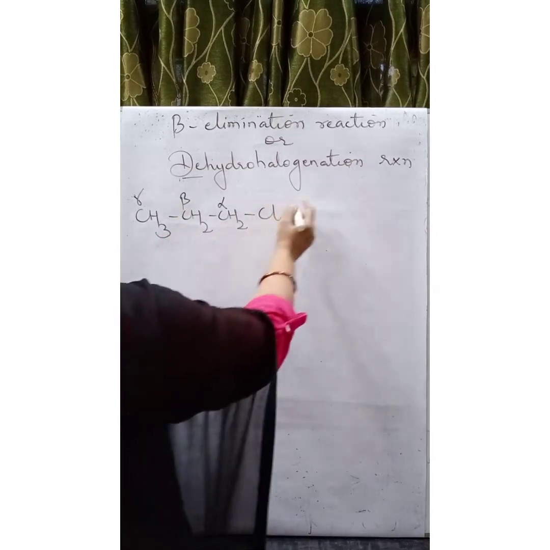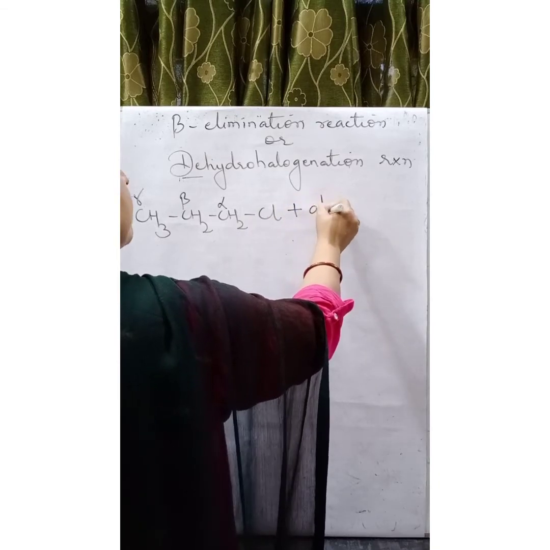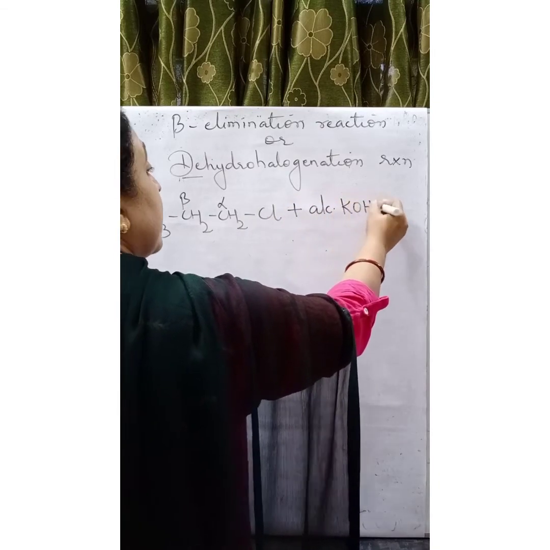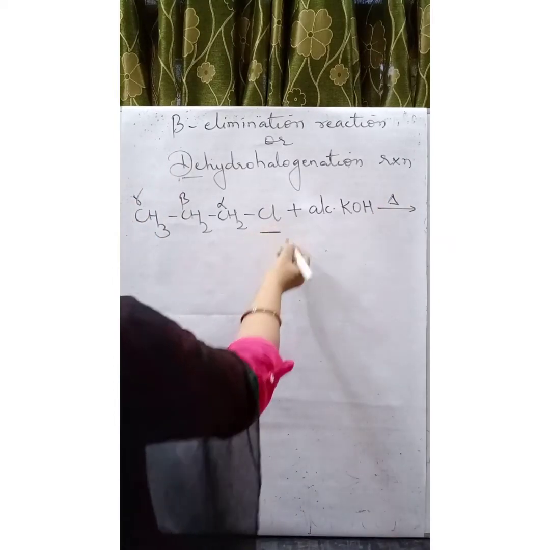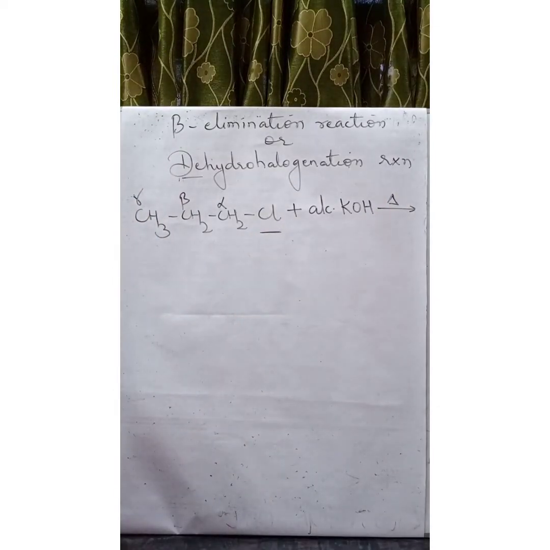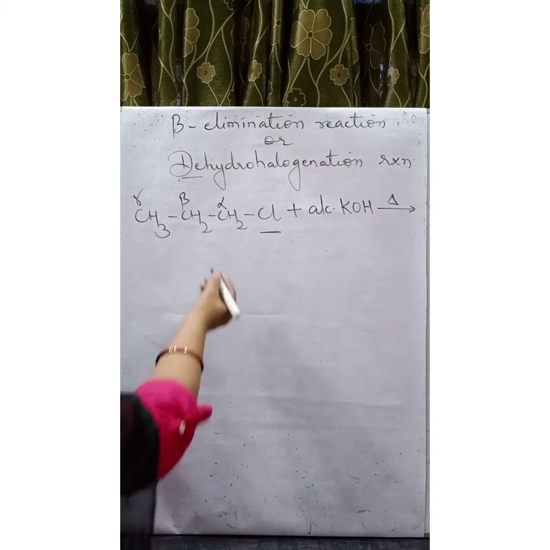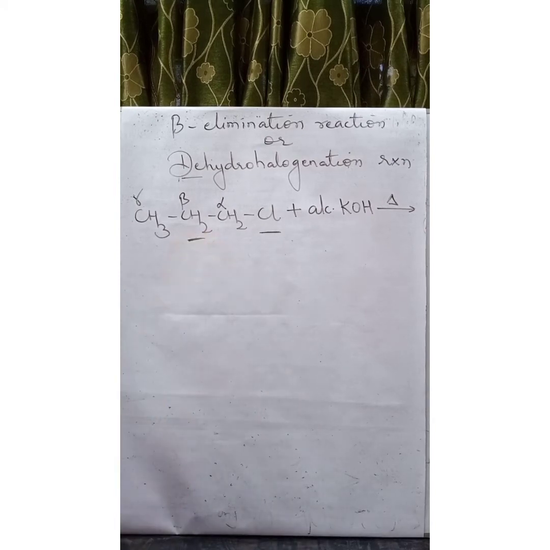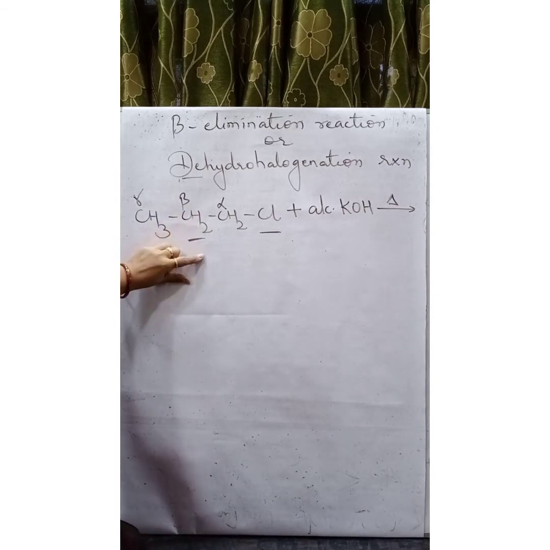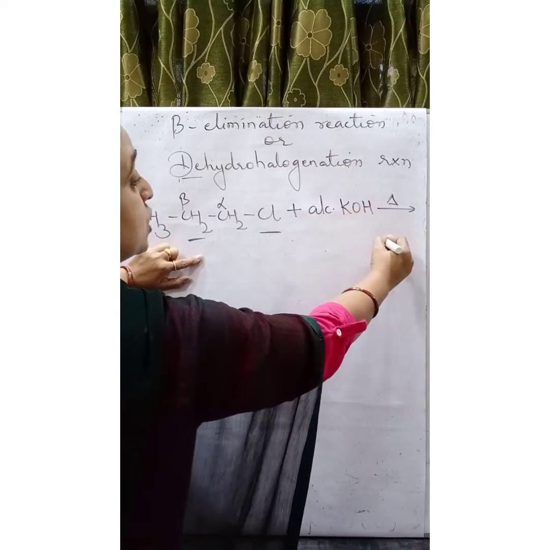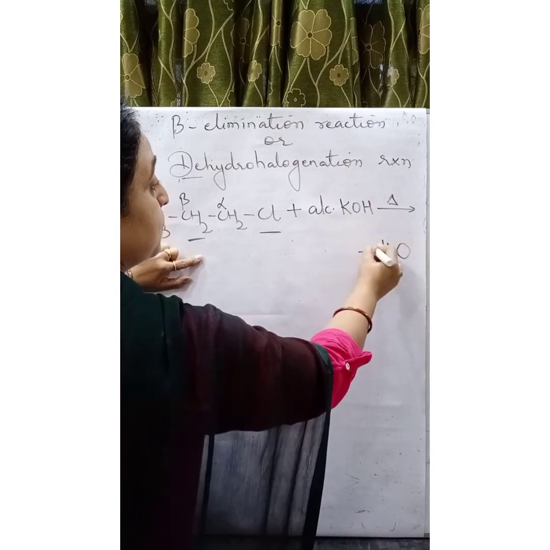When a haloalkane is heated with alcoholic KOH, then there is loss of the halogen from the alpha carbon, and from the beta carbon there is loss of hydrogen. So what exactly happens? One of the hydrogen from here goes out, combines with OH to form H2O.